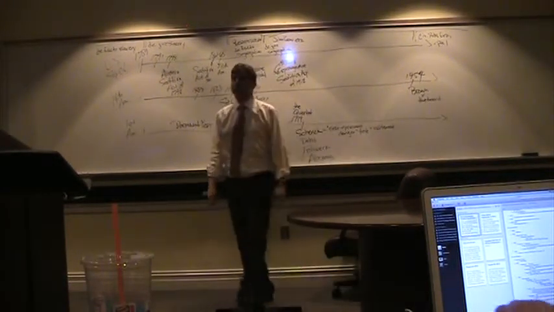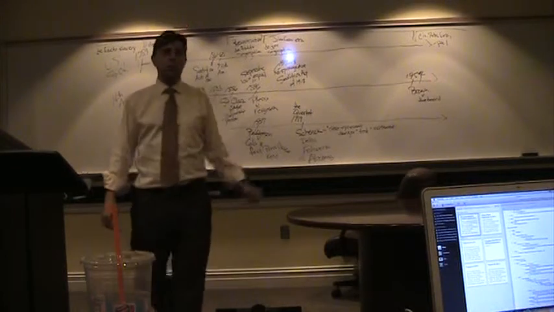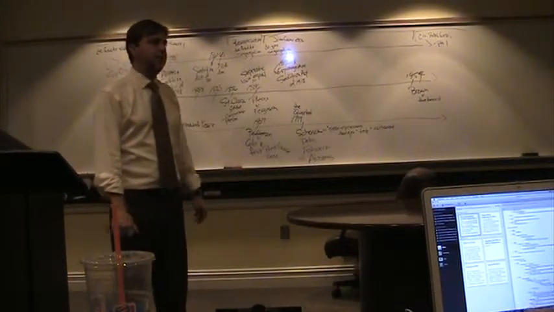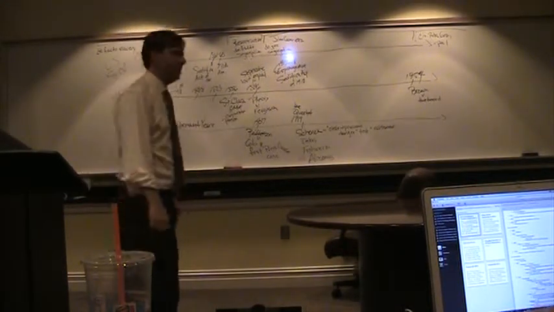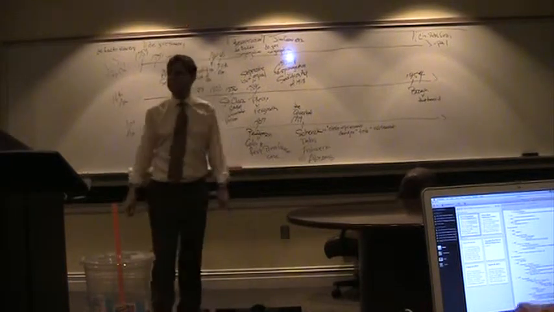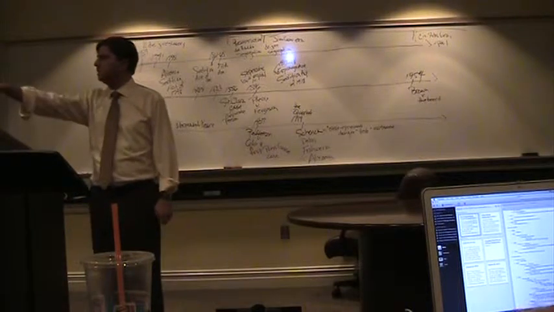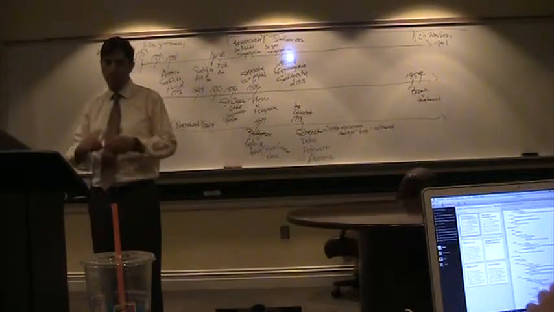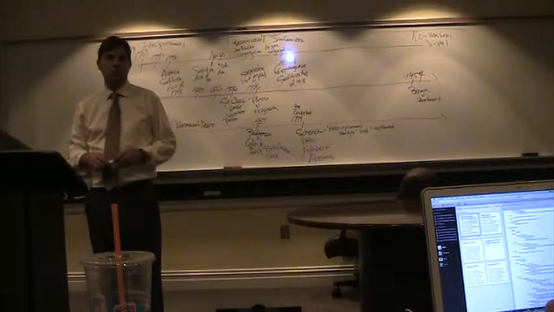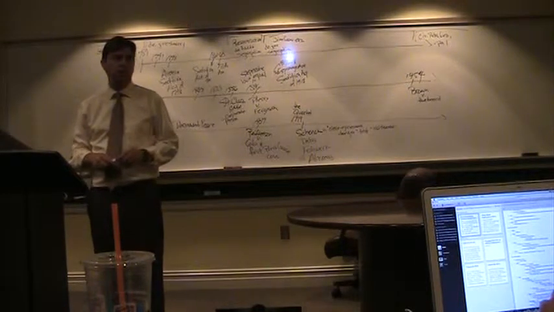Incitement is a kind of speech that what the government here is saying is not protected by the First Amendment. What is incitement? What does it mean to incite someone? To call them to action? Yeah.